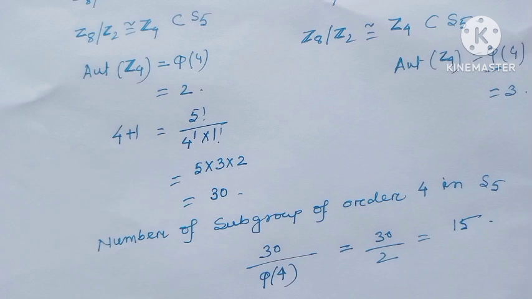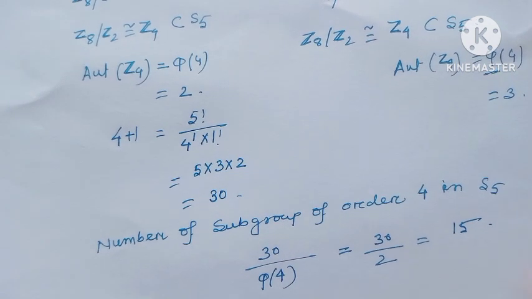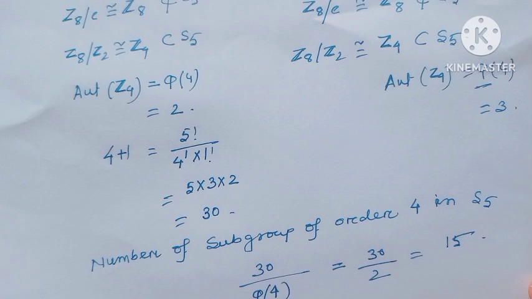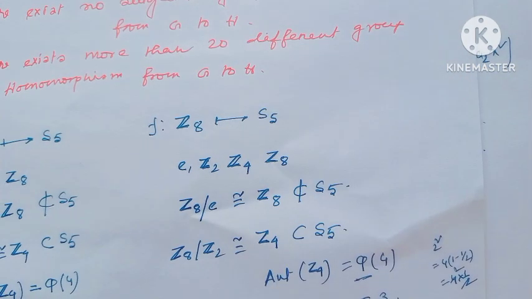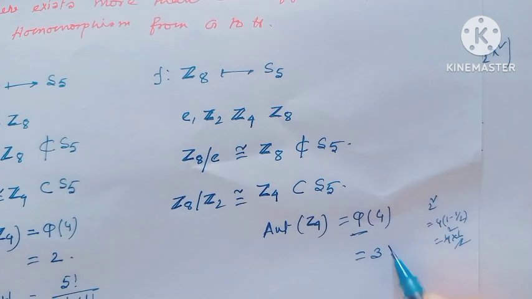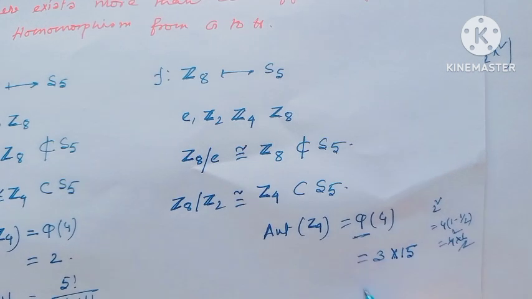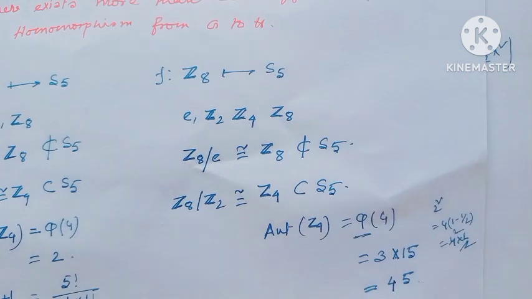So there exist 15 subgroups of order 4, meaning Z4 type, in S5. That means this value would be the order of the automorphism group of Z4 times 15, which is 45.